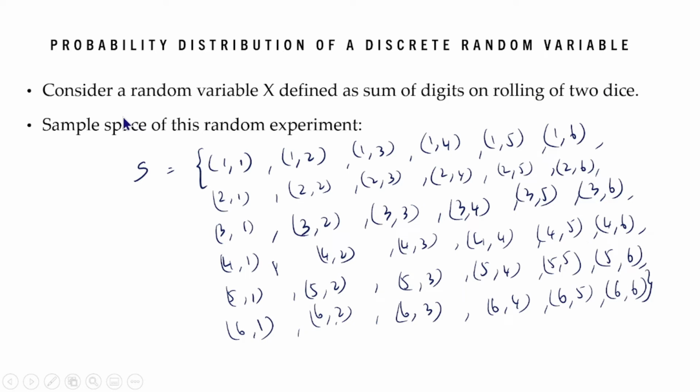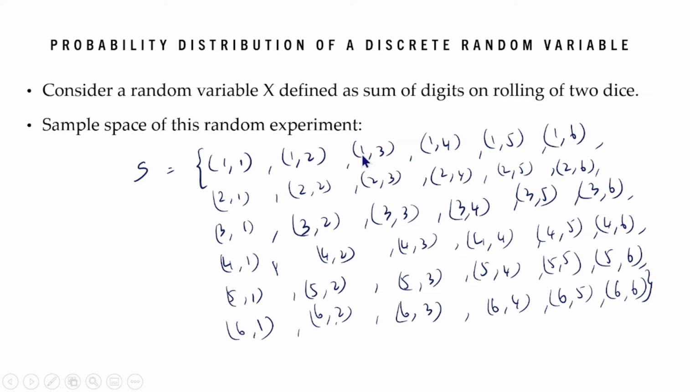Now we are considering a random variable x which is defined as the sum of the digits which we get on rolling these 2 dice. So here in this case the sum of the digits is 2, then here it is 3. If the outcome is (1,2), then the sum of the digits is 3, and if the outcome is (2,1) also the sum is 3.